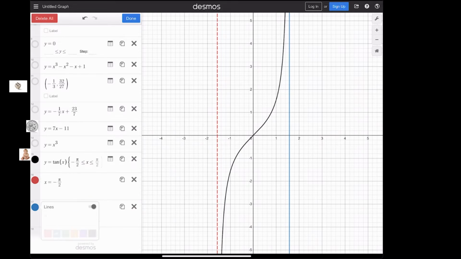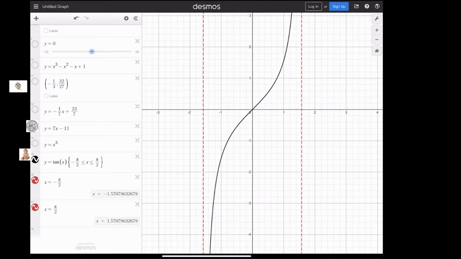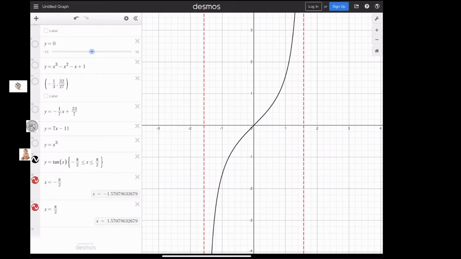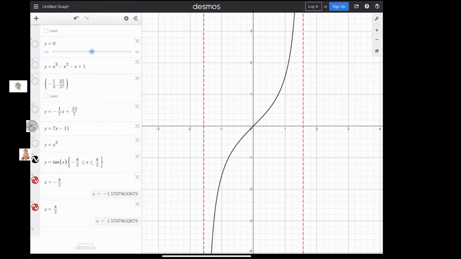Dotted line, red, dotted line. You guys see how I'm consistent with that for you? That's just tangent. That's not the one we're looking at.